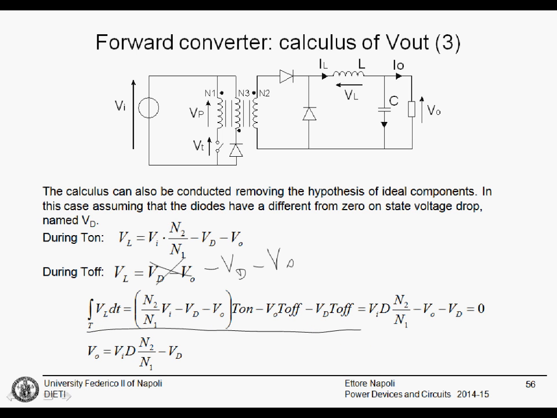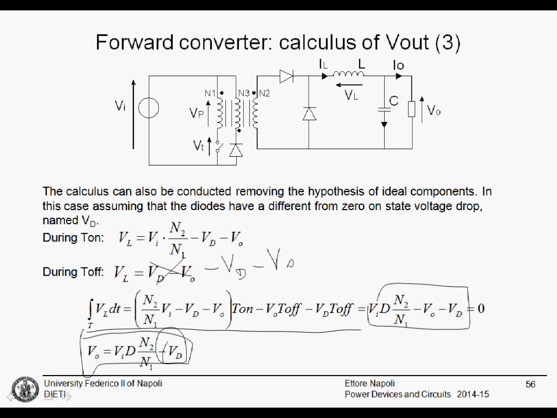And substituting, dividing by capital T and substituting the duty cycle, we get the input to output relation from this equation, this one. That is exactly the same as before, with the difference that there is this voltage drop on the diode that is subtracted.